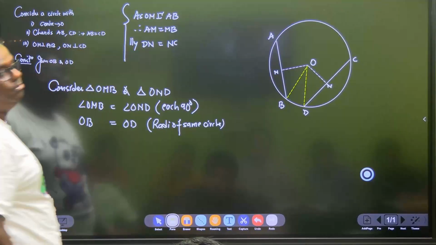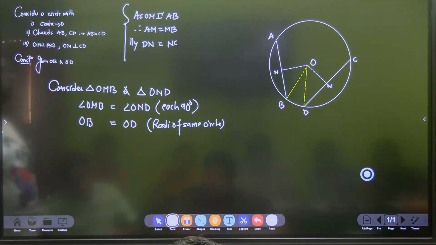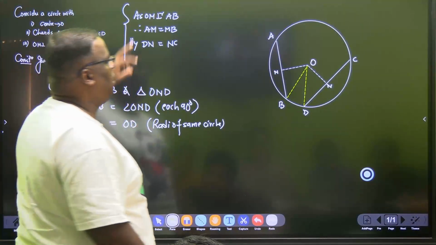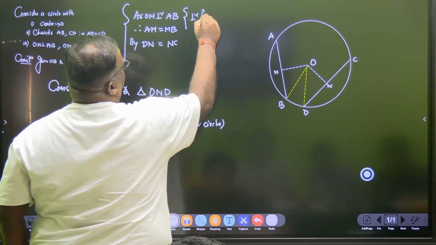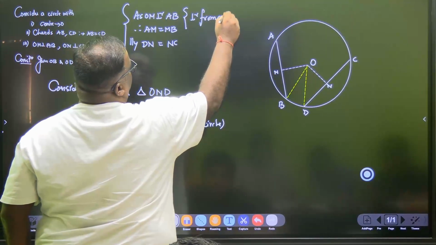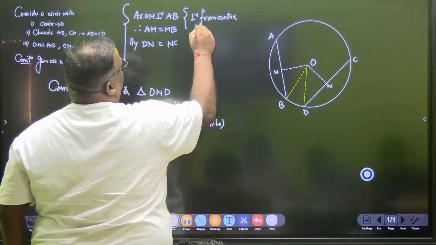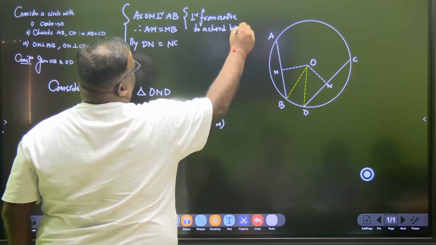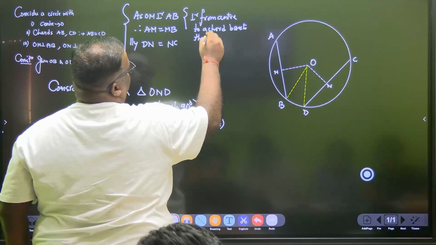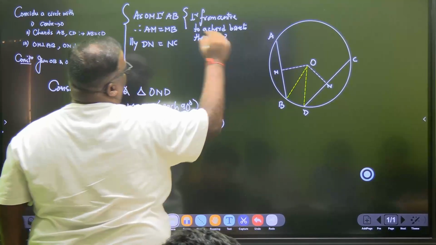Did you understand? This is because of yesterday's theorem: perpendicular from the center to a chord bisects the chord.